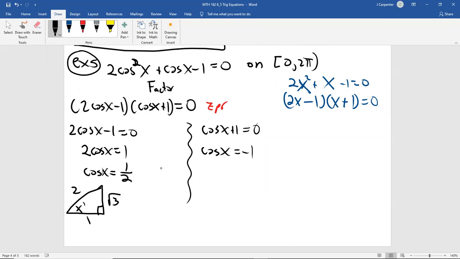For 45, sine and cosine are the same, so you can kind of cheat the system, maybe. So x prime has to be, since it's opposite the square root of 3, 60 degrees, also known as pi over 3. Now this is a positive half. Cosine's positive in quadrants 1 and 4, based on a smart trig class.